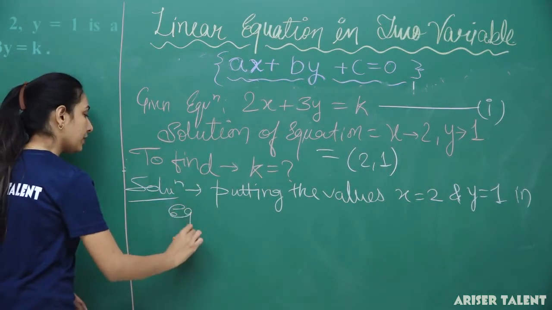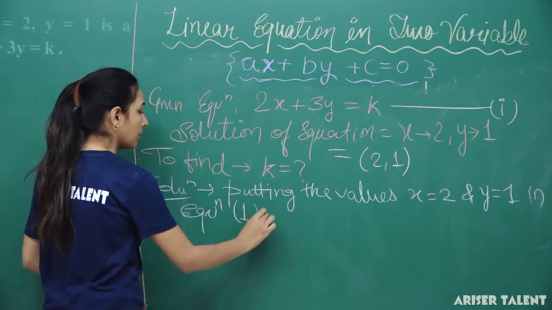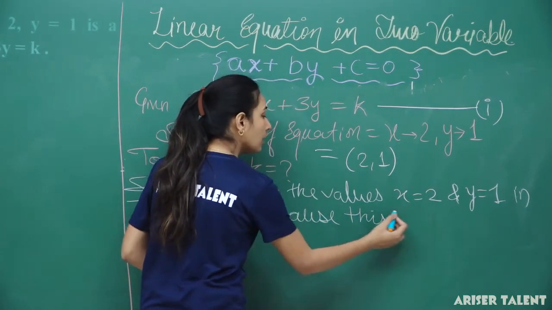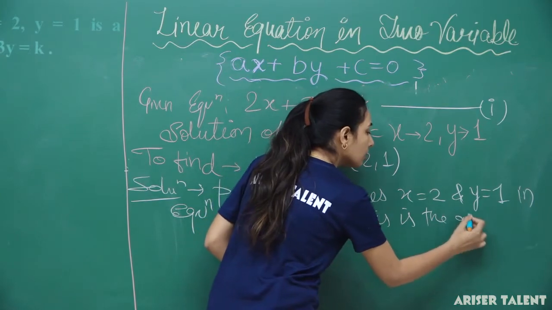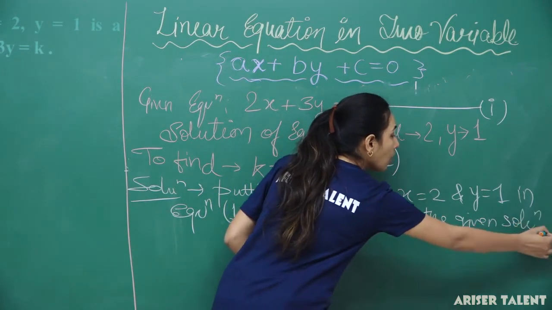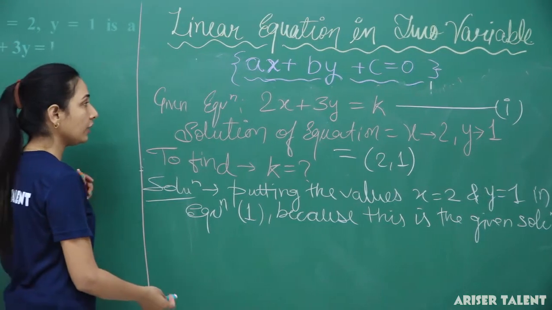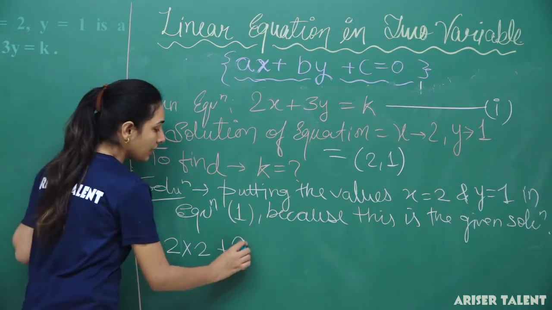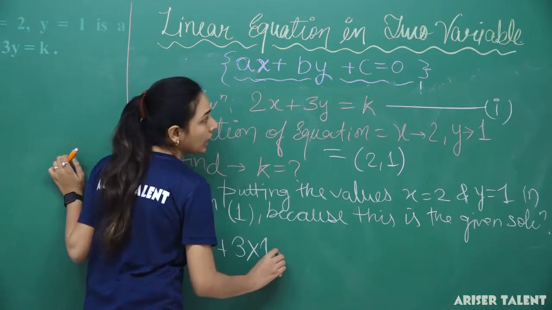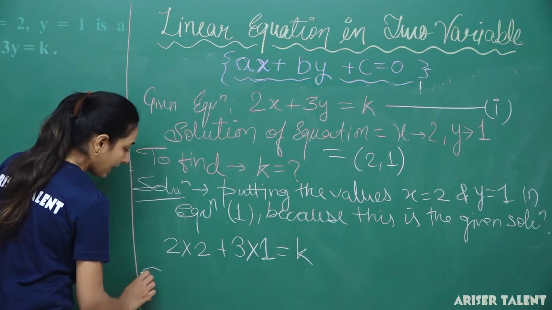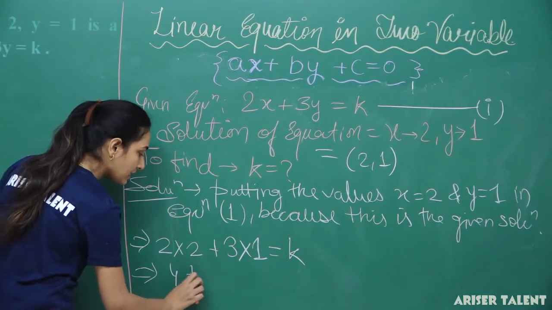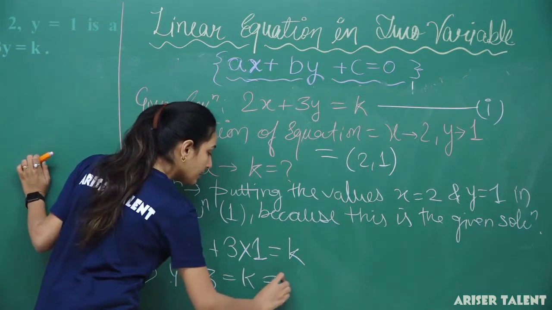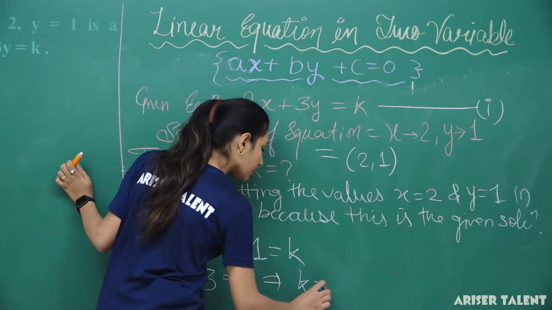In equation 1, because this is the given solution, if you put the values, 2 multiplied by x is 2, plus 3 multiplied by y is 1, equals k. This implies that 4 plus 3 equals k, which implies that simply k's value is 7.